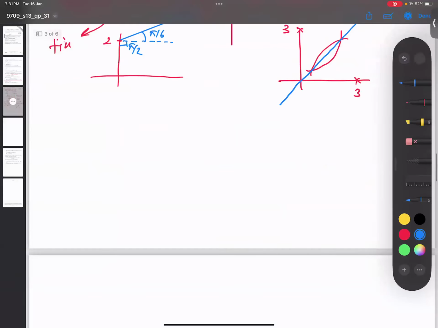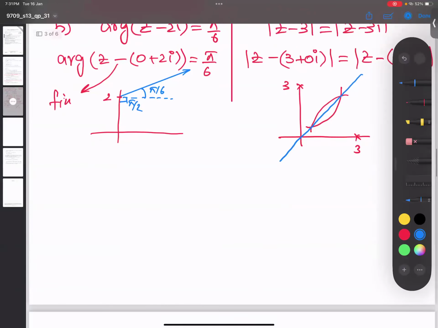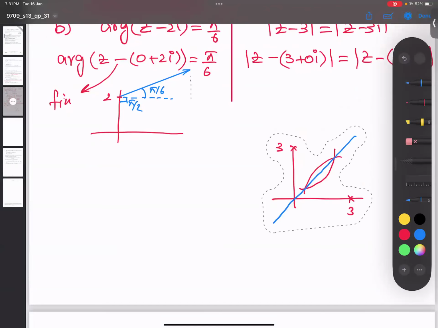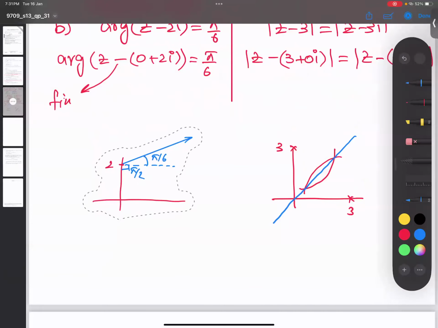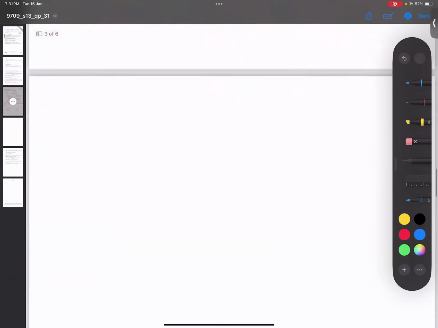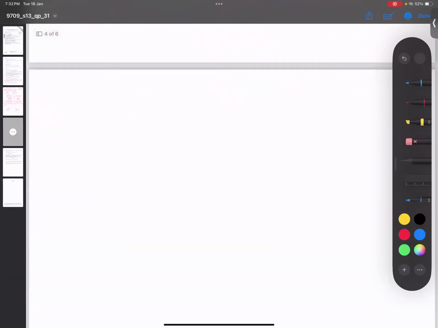Anyway, come back. So now I'm going to sketch this part, and this part, both together. So let's see how we can do it, students. First of all, Bismillah ar-Rahman ar-Rahim.